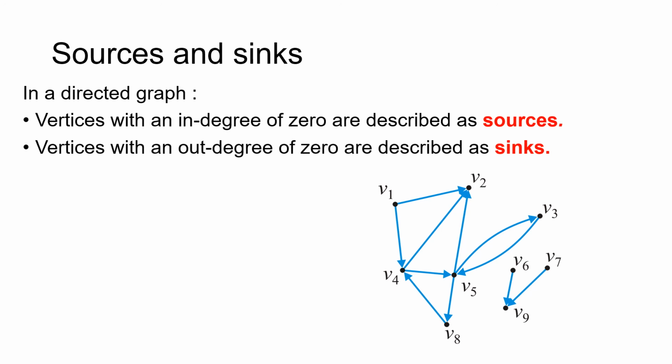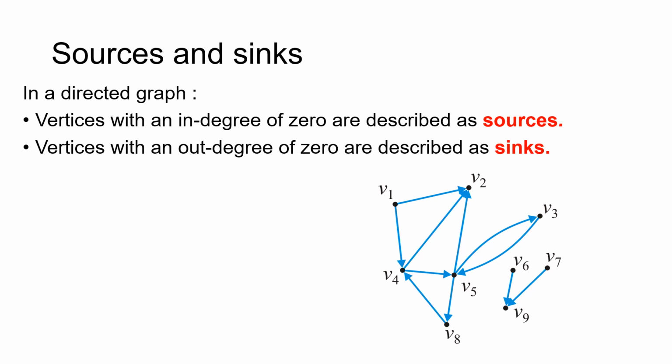So in the example graph G, we can see that the vertex V1 does not have any incoming edges, or the in-degree of the vertex V1 is 0. Similarly, vertex V6 and vertex V7 do not have any incoming edges.